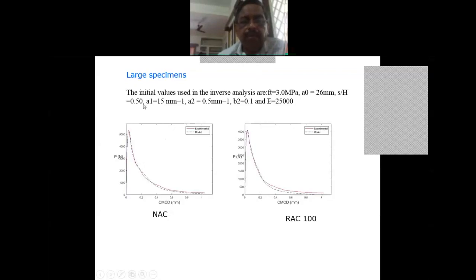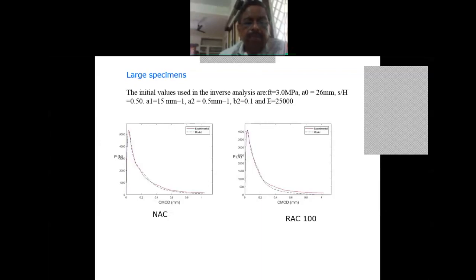So whichever value of A1, A2 and B2 gives a result closer to the experimental one, then that parameter constitutive relationship, we can say that it is for that mix or that concrete. And that will vary with the type of concrete and the type of size also, but not much.